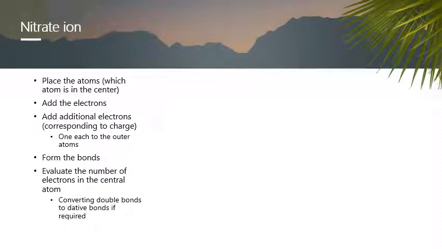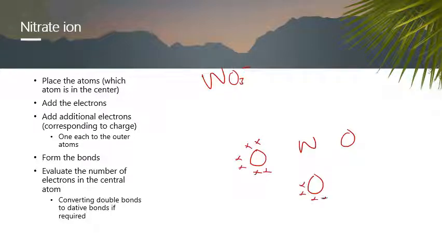Let me show you for nitrate. So nitrate is NO3 minus, oxygen, oxygen, oxygen, oxygen. Oxygen likes to form. So first of all, let's just write the electrons. 1, 2, 3, 4, 5, 6. 2, 3, 4, 5, 6.